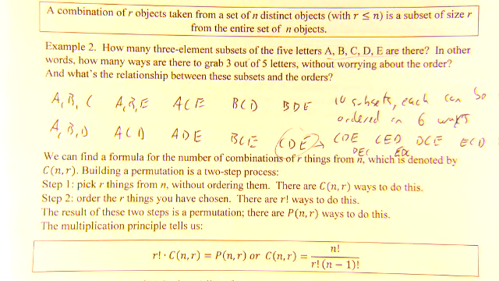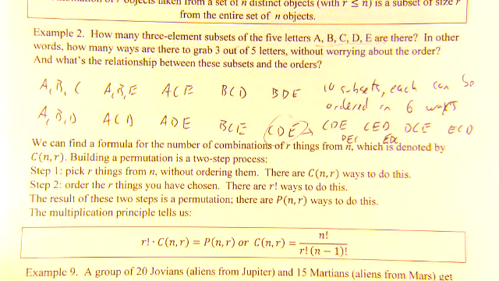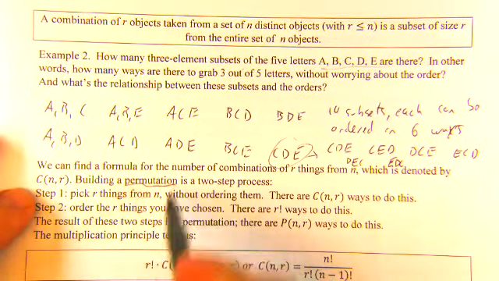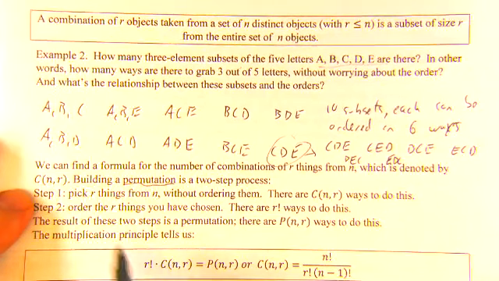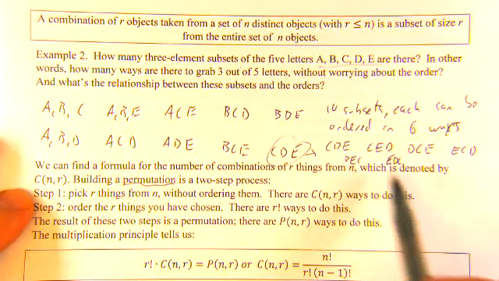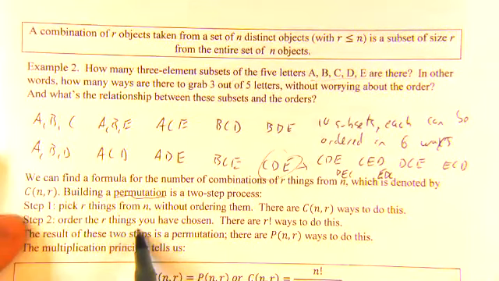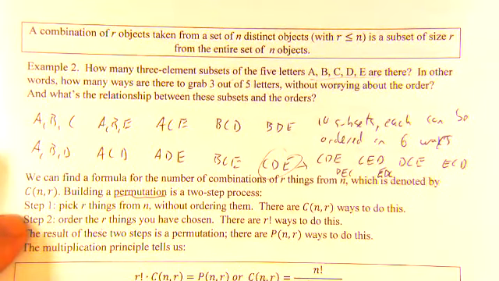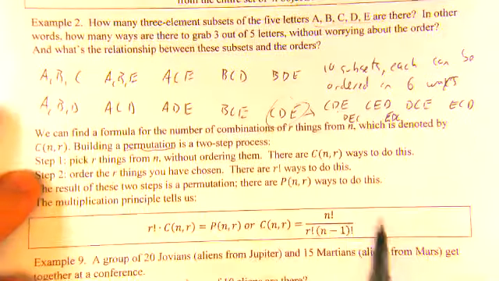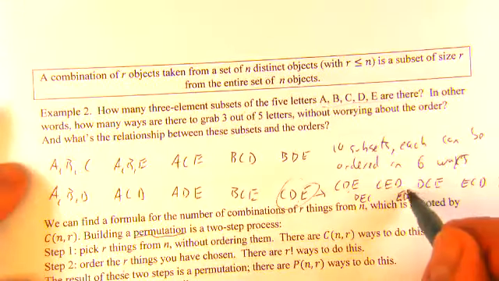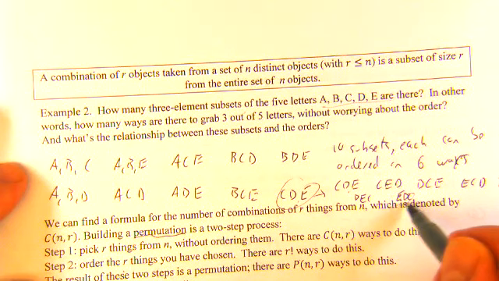So how are permutations and combinations related to each other? If we want to build a permutation, we can do it in a 2-step process. One is pick r things from n. So suppose we take 3 out of 5, like CDE, and then we order those. There's 6 ways to order a 3-element subset, so r factorial. So to get a permutation, pick 3 letters and then put them in a particular order.